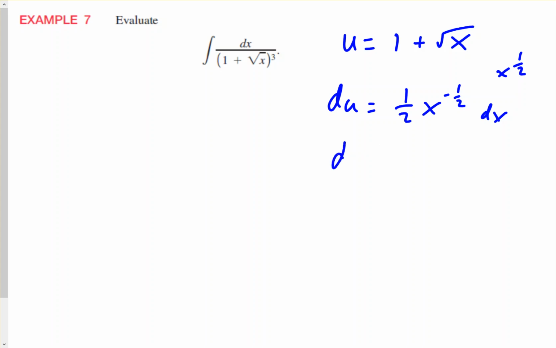So what does that mean? That means du becomes 1, and then x to the -1/2 will go to the bottom. The 2 would stay at the bottom. So that's what du would be. Okay. So now we don't have that.